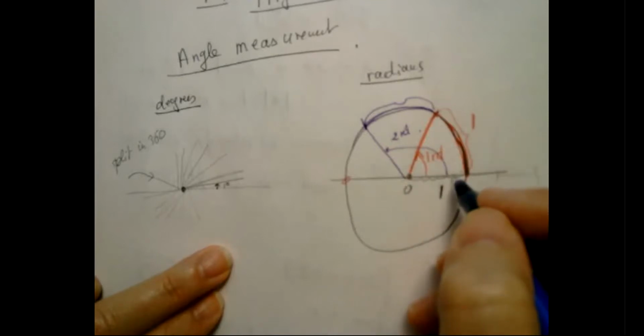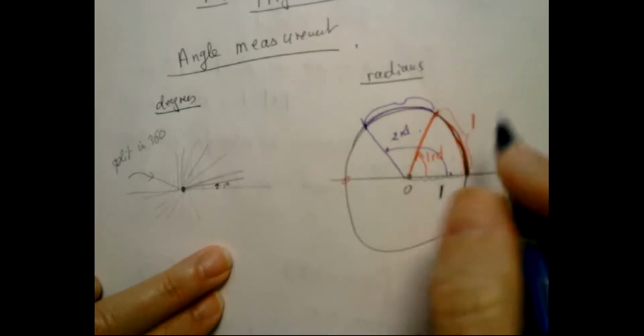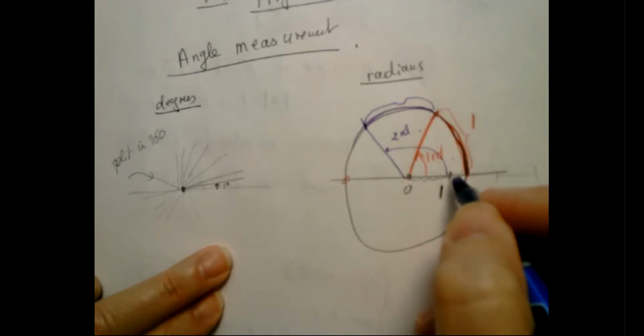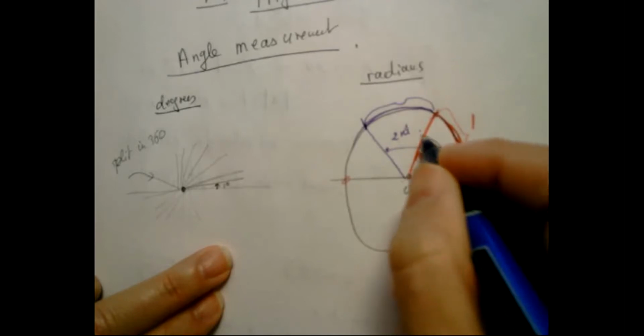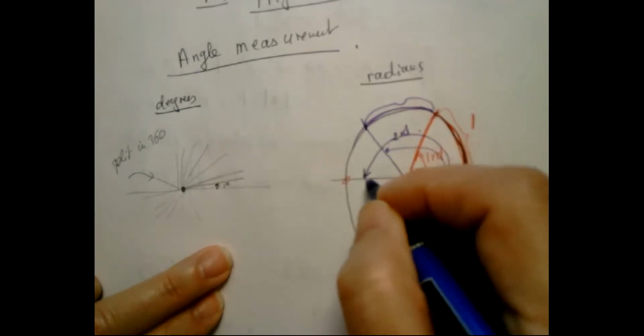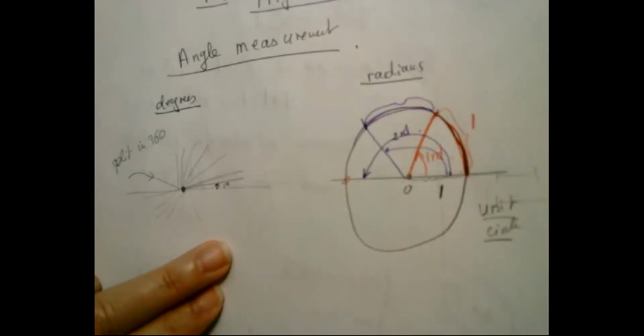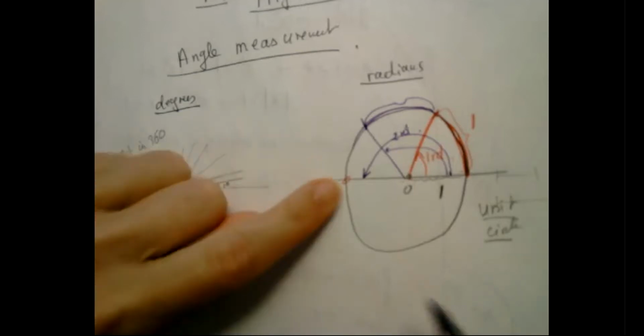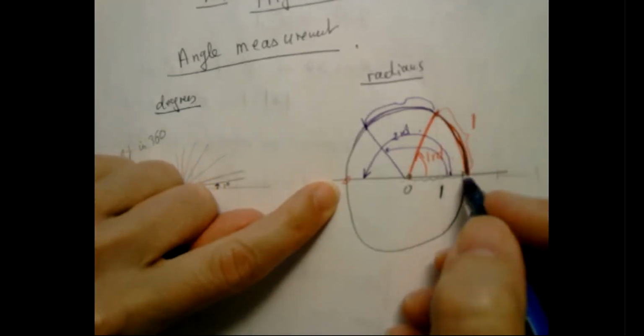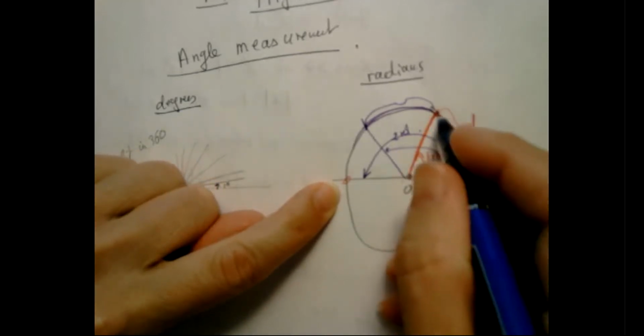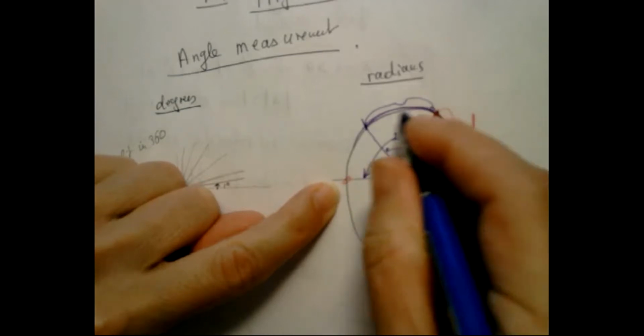So the question is, how many radians can I put from here to here? This is 1 radian, this is 1 radian, so from here to here I have 2 units.